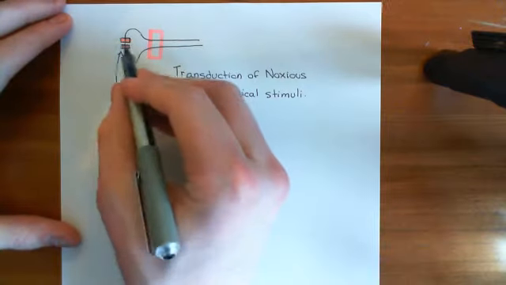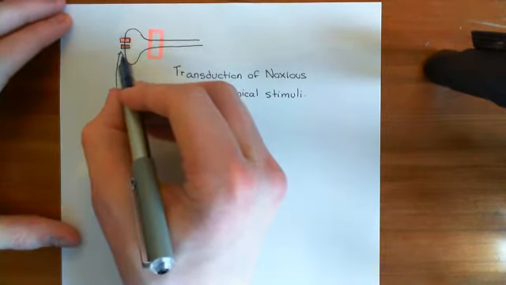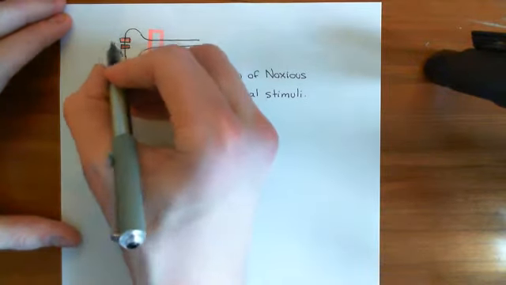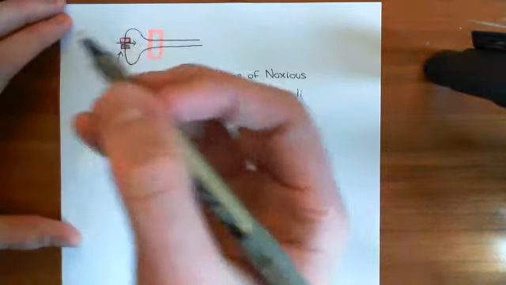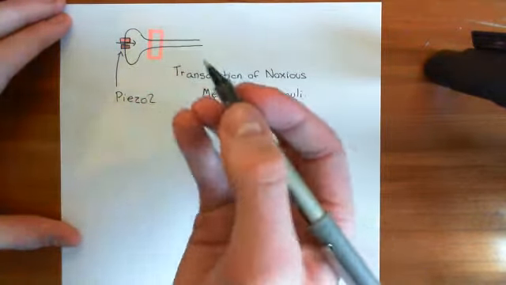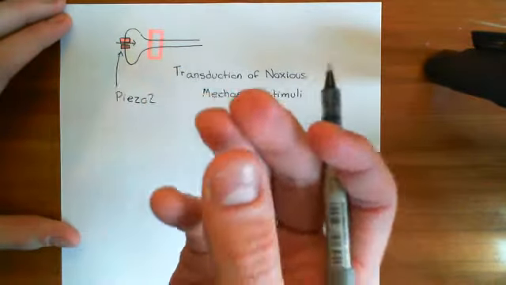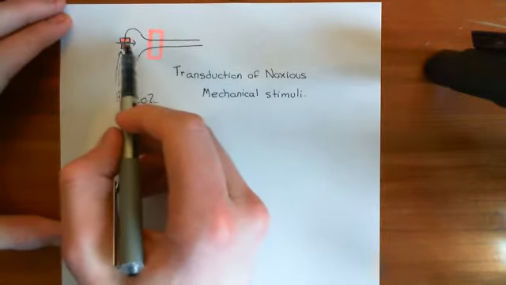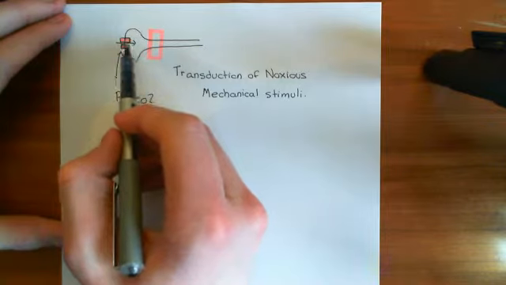Basically, when you deliver a mechanical stimulus, the idea is that this channel will open, and then, same sort of principle as always, it will allow a depolarizing current into the cell, so it will be permeable to cations most likely again. So for instance, sodium ions, calcium ions potentially, potassium ions maybe, and overall you'll get a net movement of positive charge into the cell, which will act as your depolarizing current.